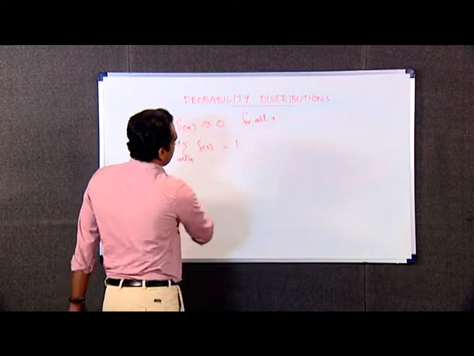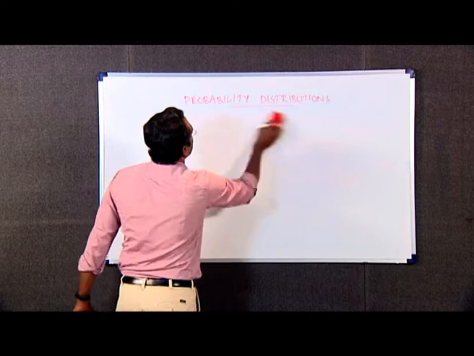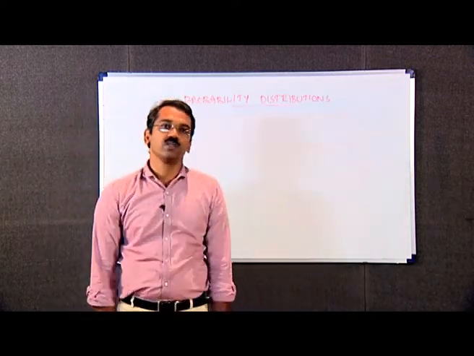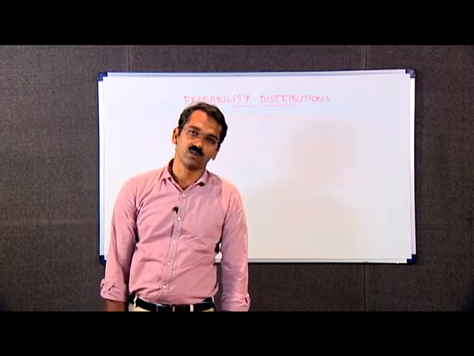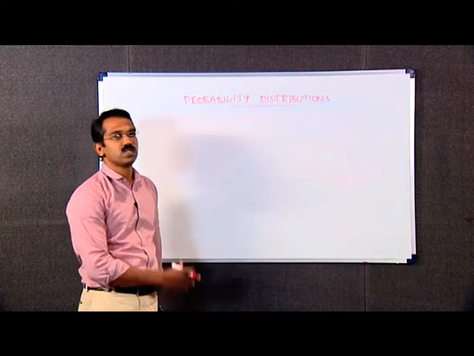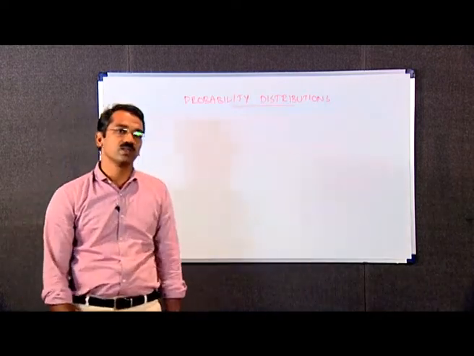In the discrete case, we use the term probability mass function. In order to check whether a given function is a probability mass function or not, we have to check both the conditions of the stated theorem.